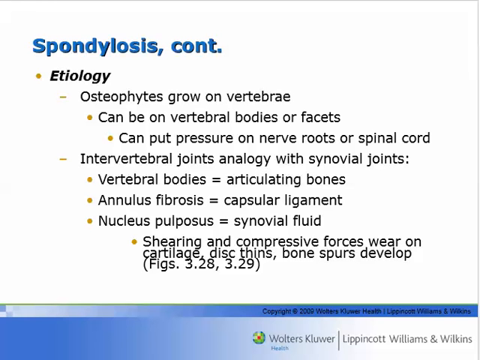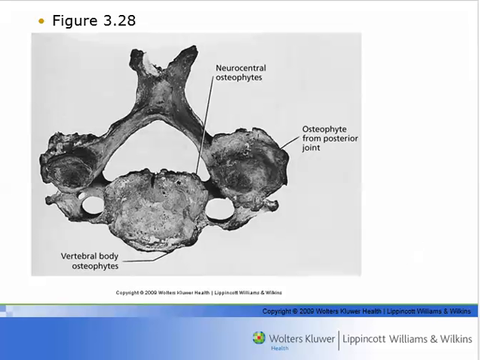So if it happens at the intervertebral joints, so that's where it does happen, and so the vertebral bodies, the annulus fibrosus, really are kind of like the ligaments and the nucleus pulposus. It's all about shearing force, etc.